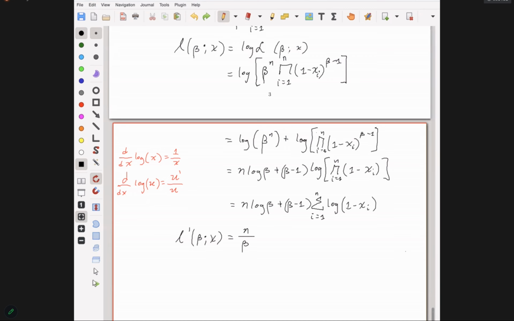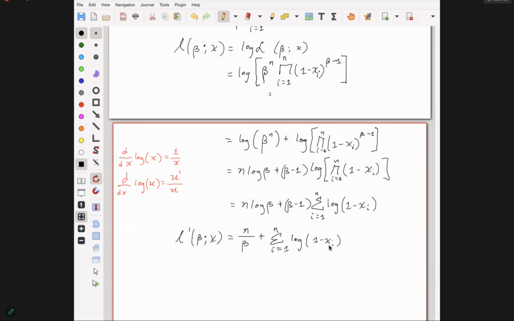And so then all we've got left is our coefficient here, which is this whole thing. So this is going to be the sum from i equals 1 to n of log of 1 minus x_i.